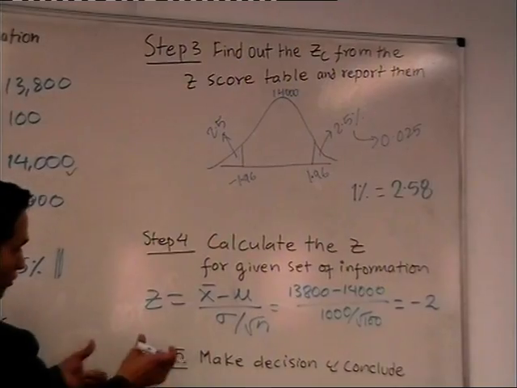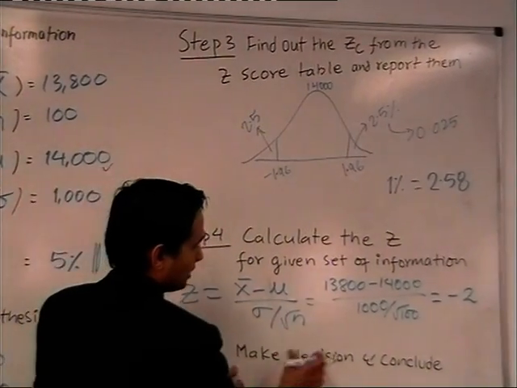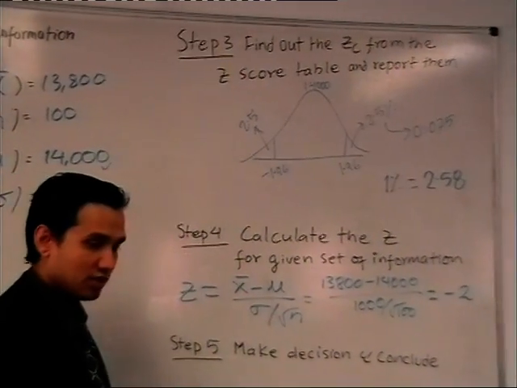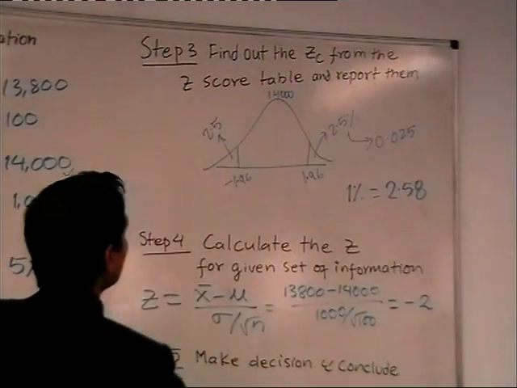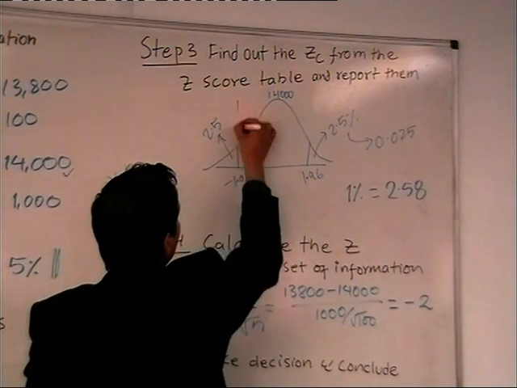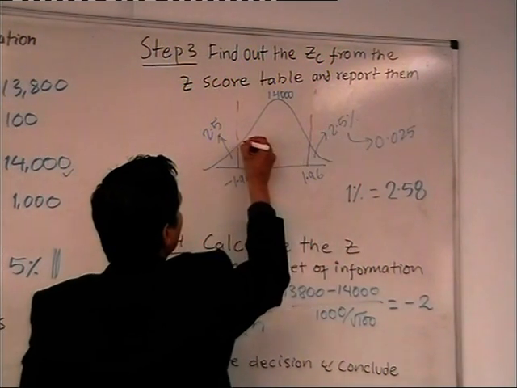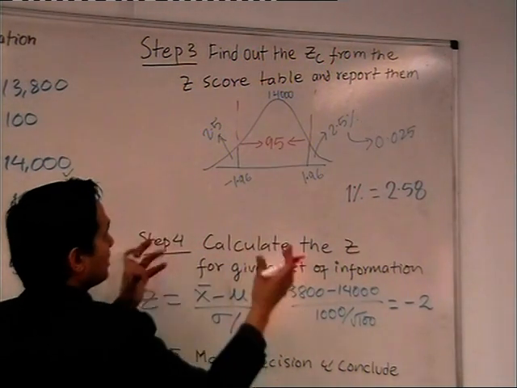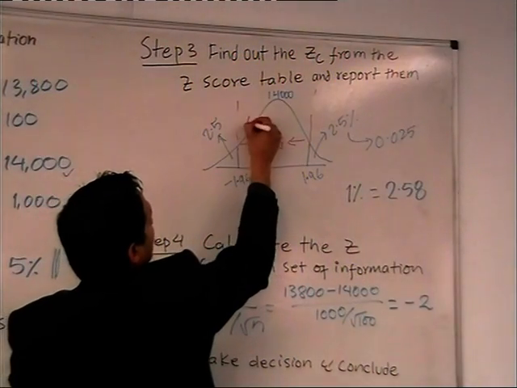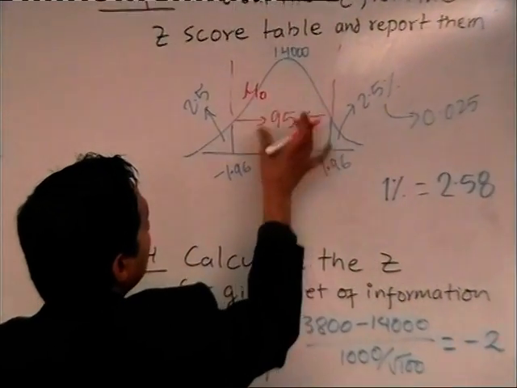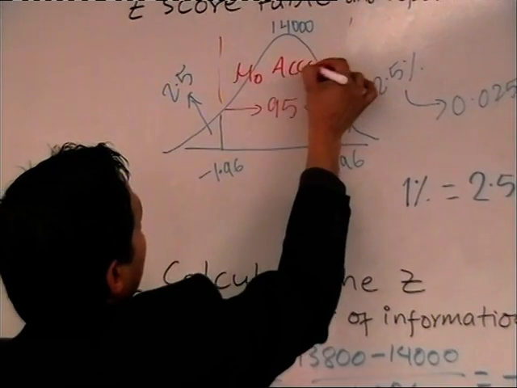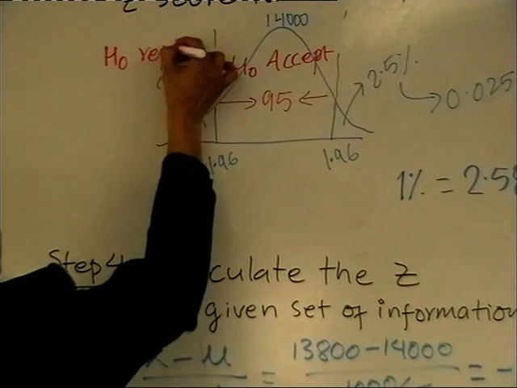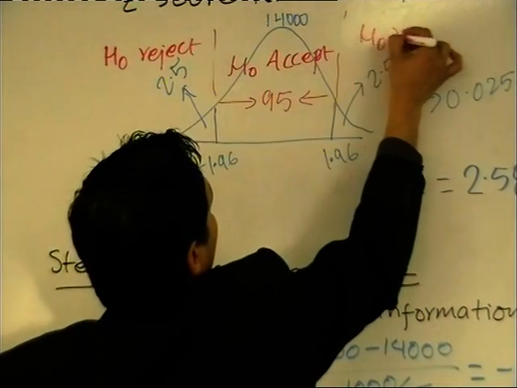Finally, in your final step, you need to make a decision and conclude. In terms of this diagram, there is the critical zone. 95% of the time you should be correct, and if you fall in that 5%, then your null hypothesis will be rejected. This zone is the null hypothesis; outside this zone you reject the null hypothesis, here and here.